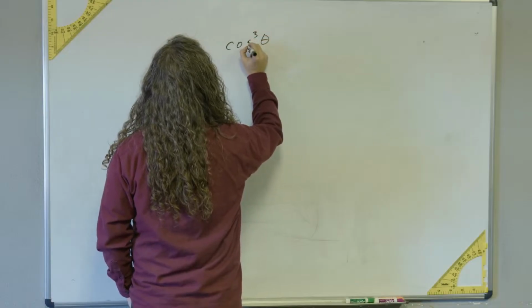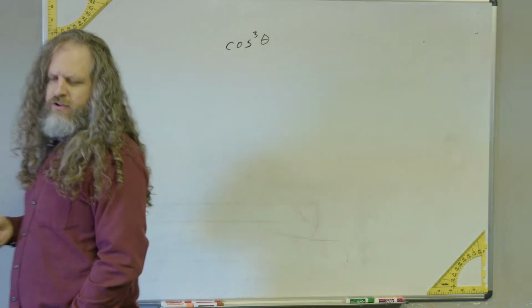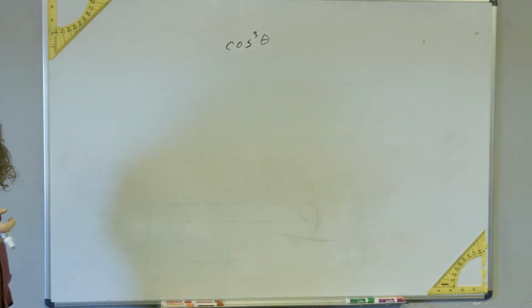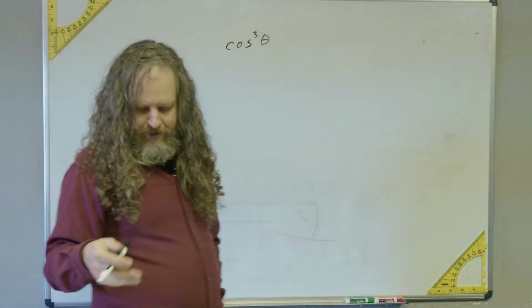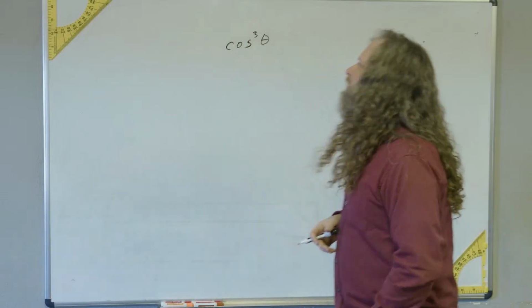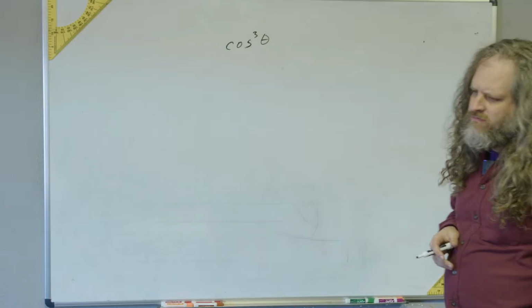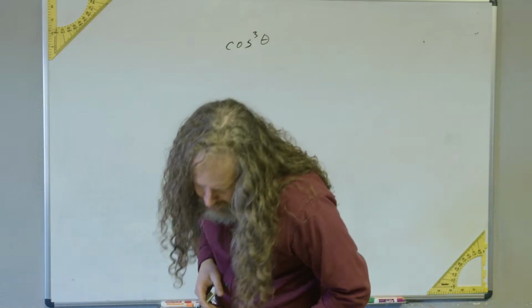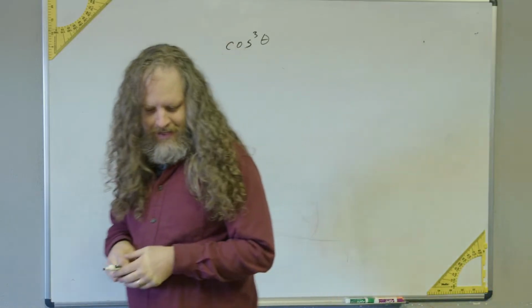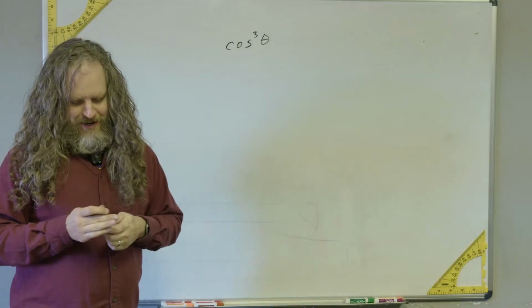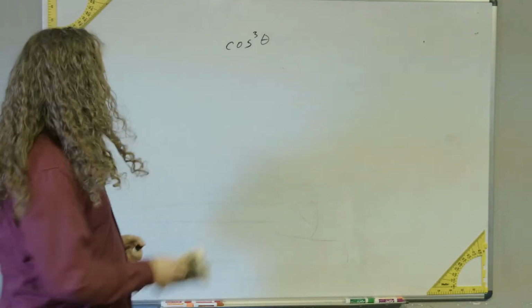All right. So we're supposed to rewrite cosine cubed theta as an expression with powers no greater than what? To the fourth. Well, yeah, that's 16. My bad, 16. Let's try again.